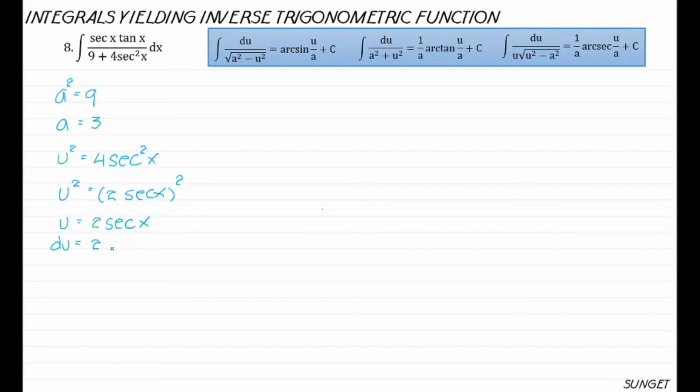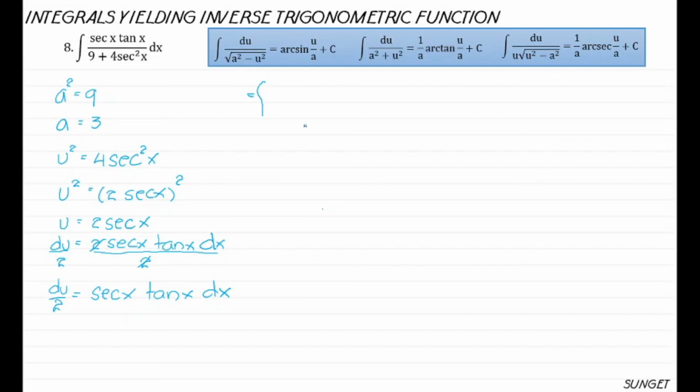Then differentiate. So du is equal to 2 times the derivative of secant x, which is secant x times tangent x dx. Then divide both sides by 2. So du over 2 is equal to secant x tangent x dx. Then rewrite the integral.